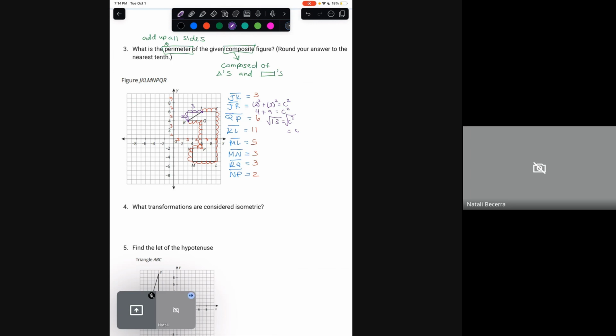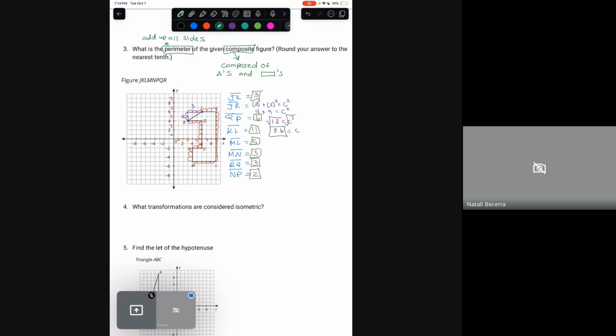Let me do this real quick on my calculator. Hold on, guys. Square root of 13 is 3.6. So now this is the easy part. I just add them all up. 3 plus 6 plus 11 plus 5 plus 3 plus 3 plus 2 plus 3.6.